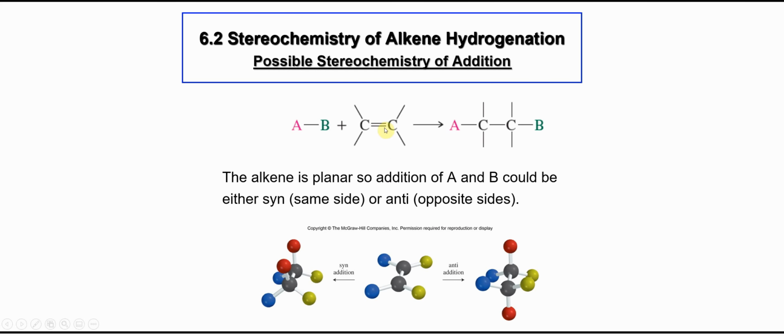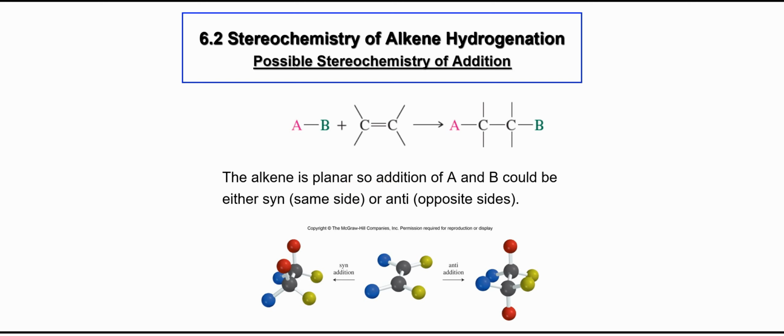The chemical reaction has another very important nature. It's called stereoselective reaction. Stereochemistry of alkene hydrogenation tells you the alkene with a planar structure is going to be subject to two different types of addition.